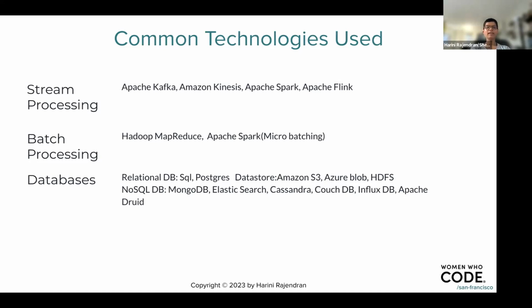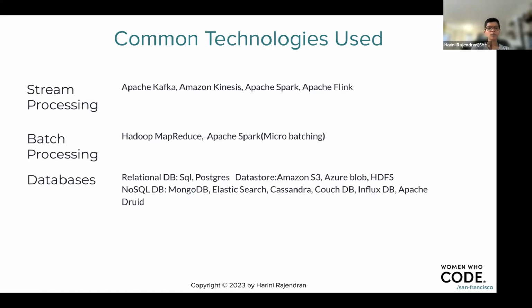So it can read data from anywhere, does all the transformation, cleaning or whatever business logic you want, and then they would emit the output in real time as and when it processes the data. So these are some of the most famous stream processing applications that are used while building real-time big data pipelines.